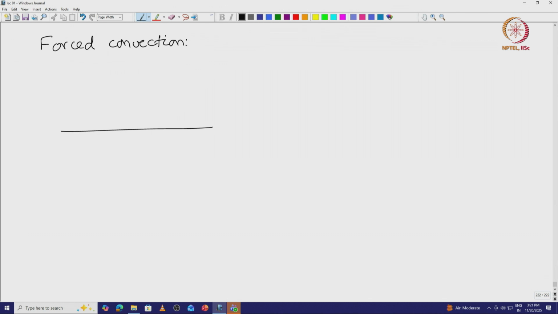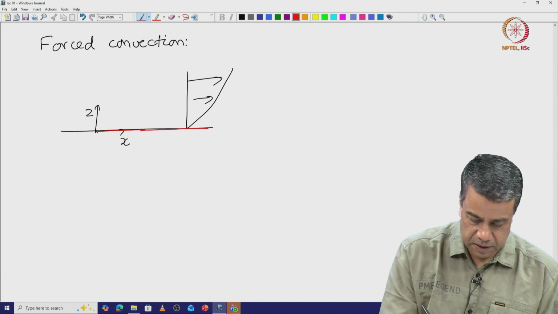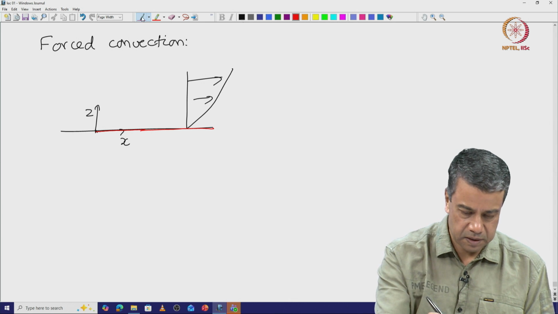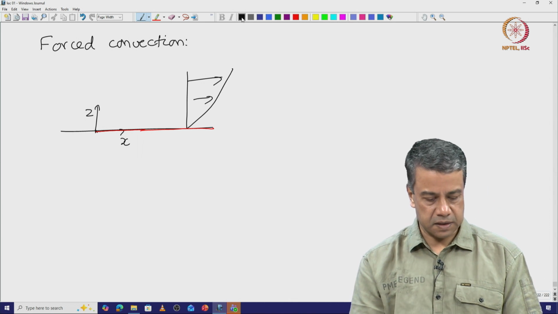In the last lecture, we were looking at forced convection, specifically the flow past a flat plate. X is the streamwise direction, Z is the cross stream direction. You have some velocity profile, and you have a heated section only for x greater than 0.